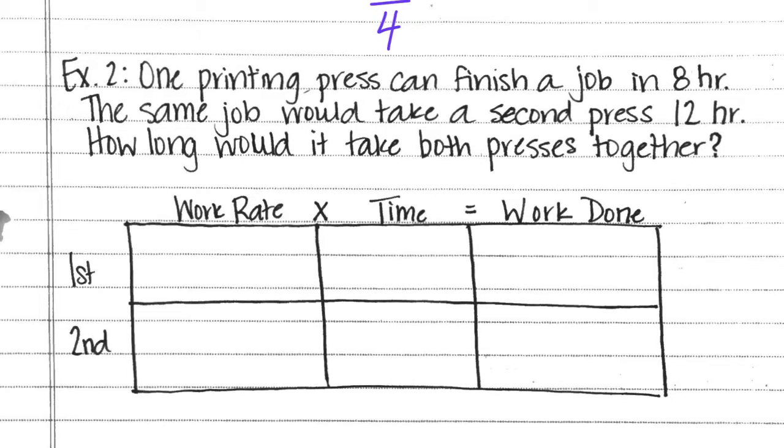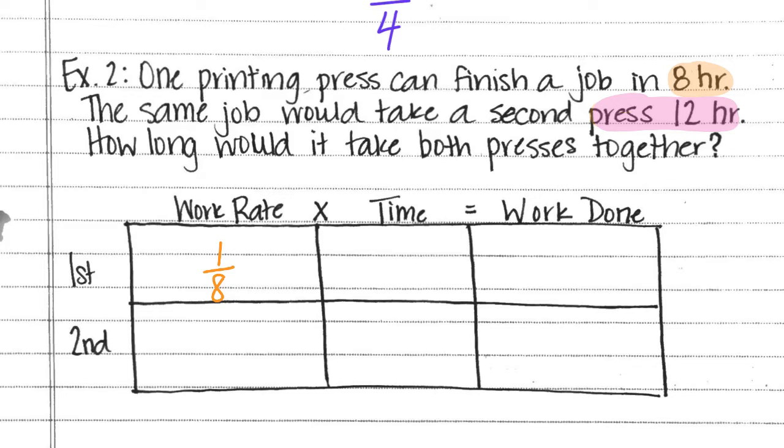One printing press can finish a job in 8 hours. The same job would take a second press 12 hours. Sorry about that. How long would it take both of the presses together? So what we have to remember is that the work rate of the first press is 1/8.